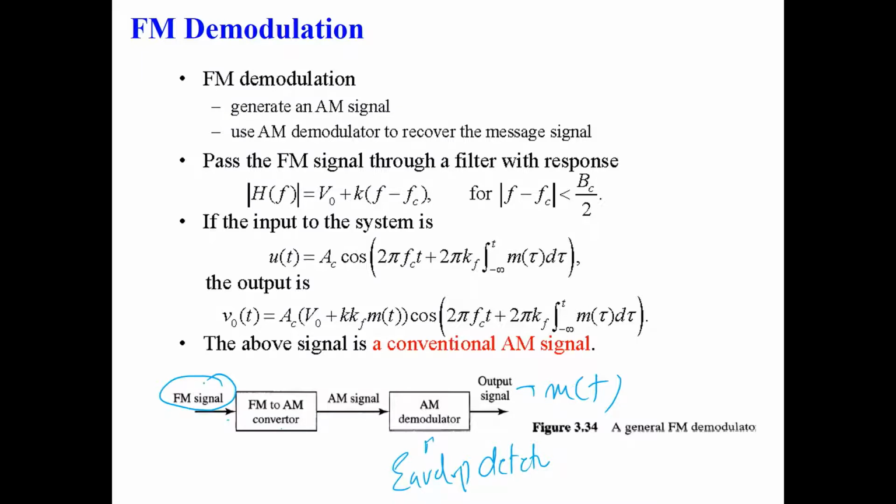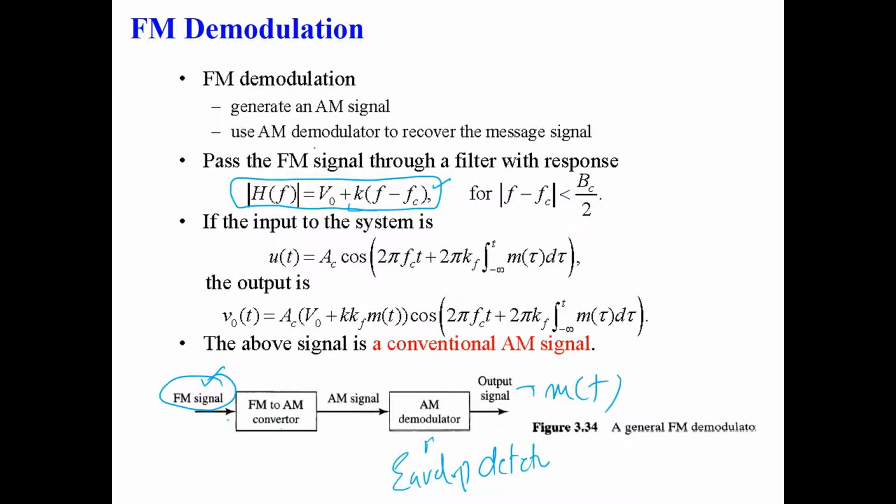For example, if we have an FM signal and we pass this FM signal through a filter which has this response. I'm not going into the details of the mathematics. You also don't have to dig into the details of the mathematics here. The concept is important.